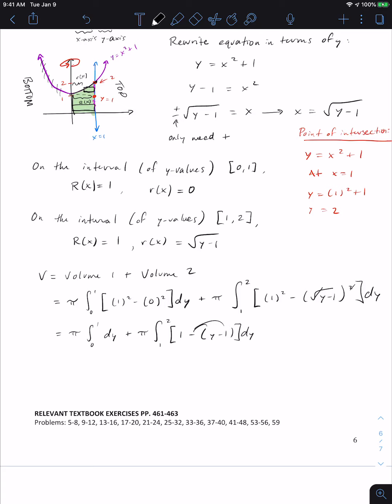So this becomes the integral from 0 to 1 dy plus pi, the integral from 1 to 2 of, that's going to be plus 1, so we get 1 plus 1, so it'll be 2 minus y dy. And when I compute that, my final answer is going to be 3 pi over 2.